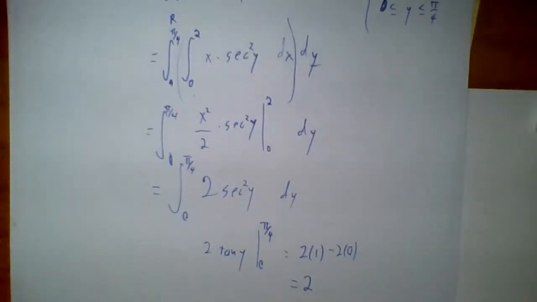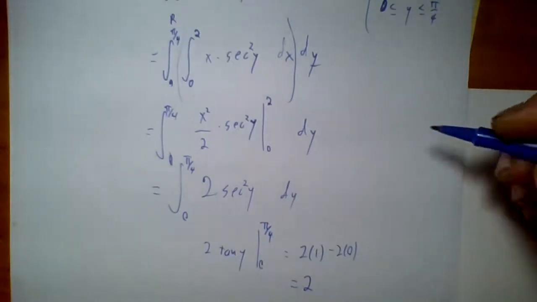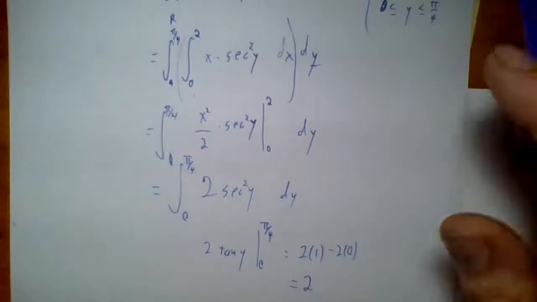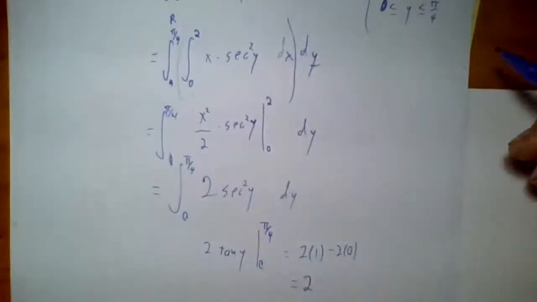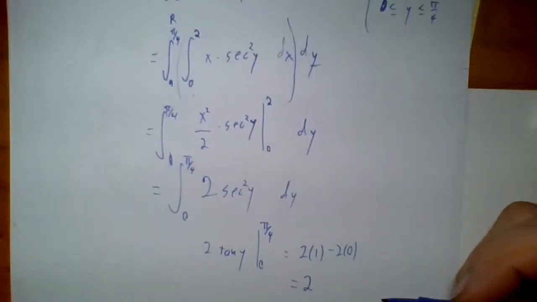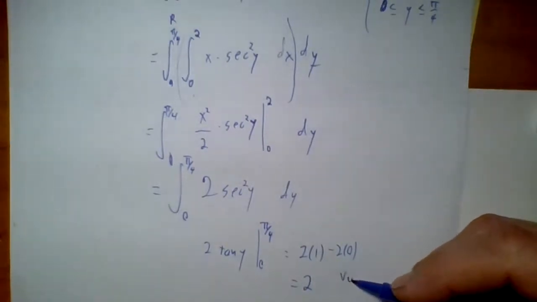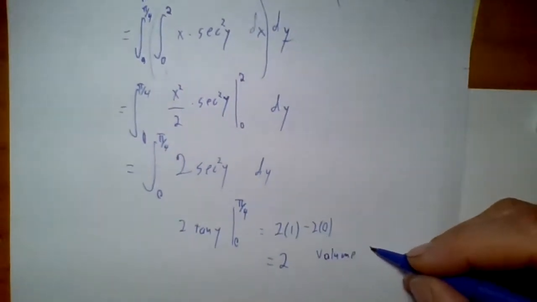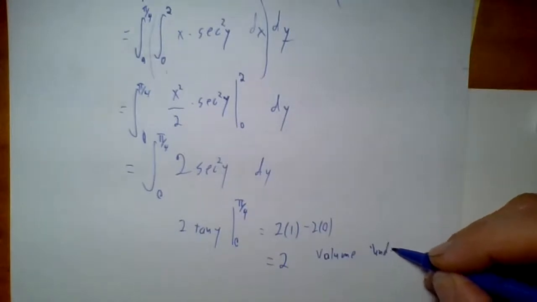What that represents geometrically is 2 units of volume. Really, we had a box in the xy plane and we had some function over top of it, some surface going over that. And this adds up all of the volume under that surface.